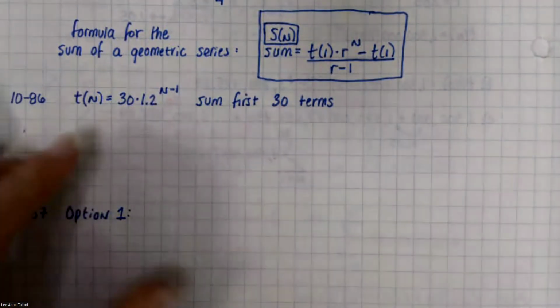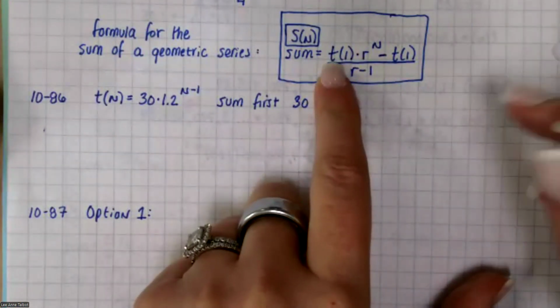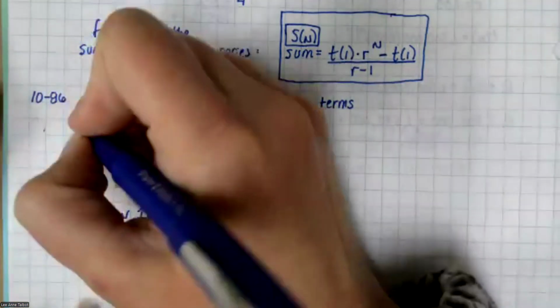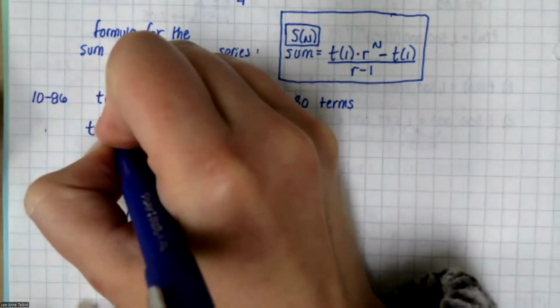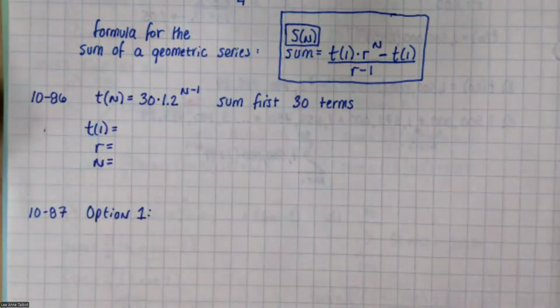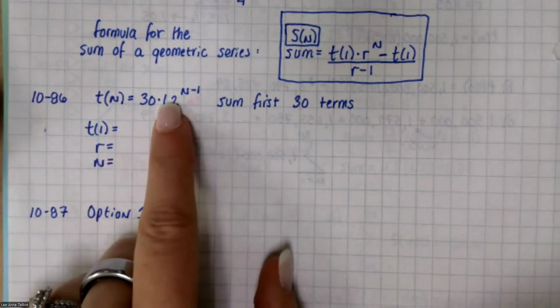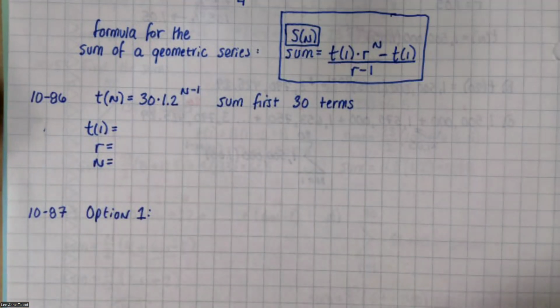Okay, so notice that the sum formula for a geometric series requires 3 things. It requires the first term, the multiplier, and the number of terms. And what is the first term in this series? 1.2.